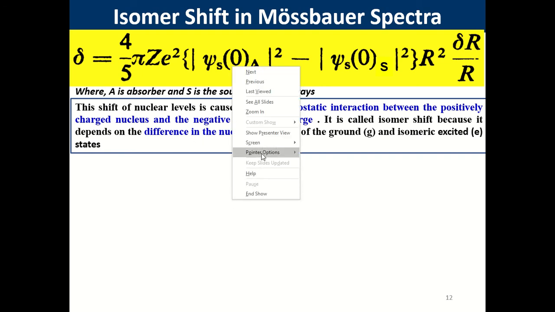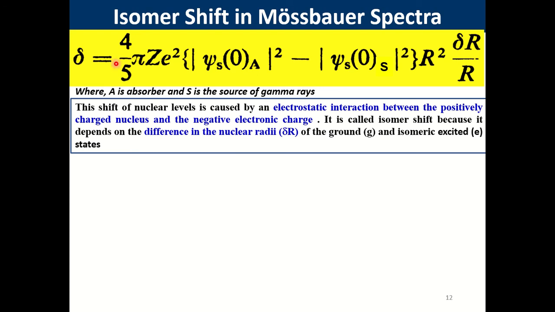So what you see here is that the isomer shift delta is 4 pi over 5 times Z e square, and whatever meaning you attribute to these symbols, it is the same thing.